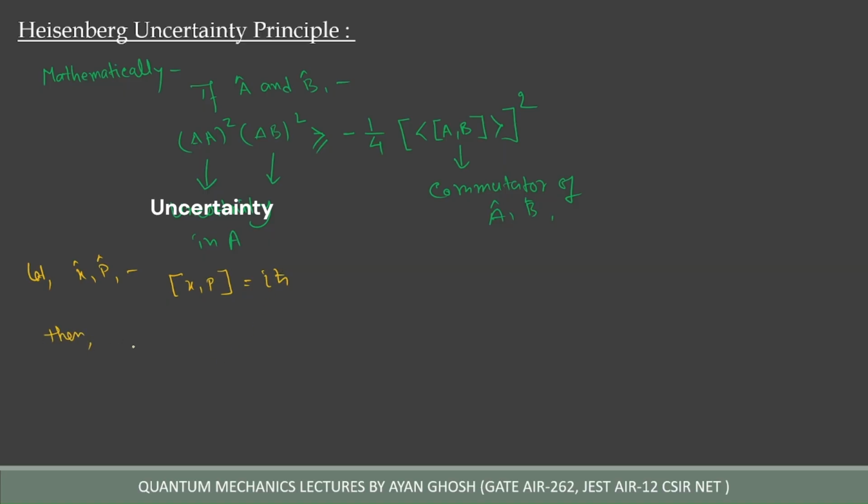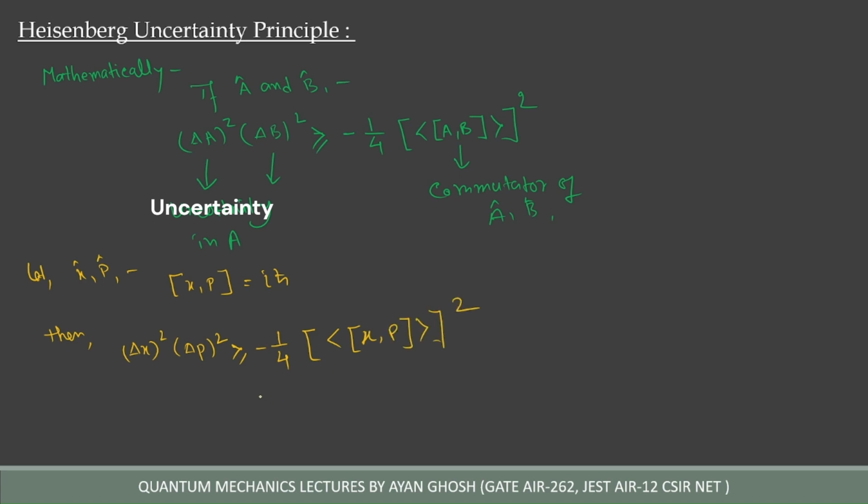Then (delta x)^2 (delta p)^2 is greater than or equal to minus 1/4 times the square of the expectation value of the commutator of x comma p.